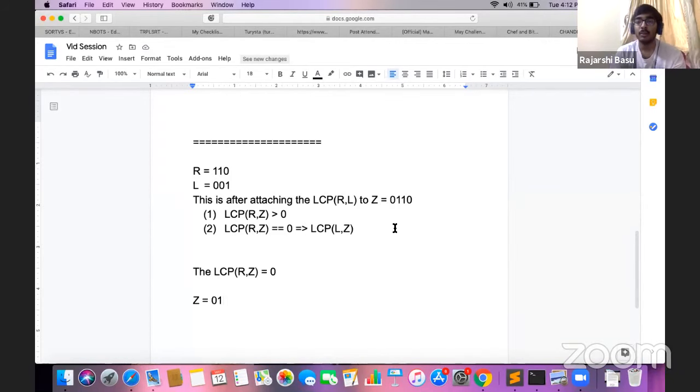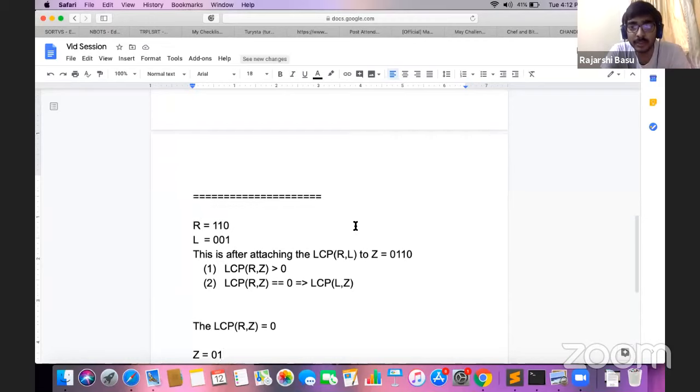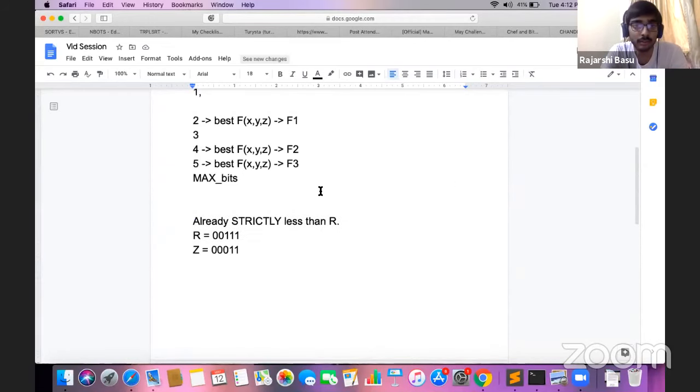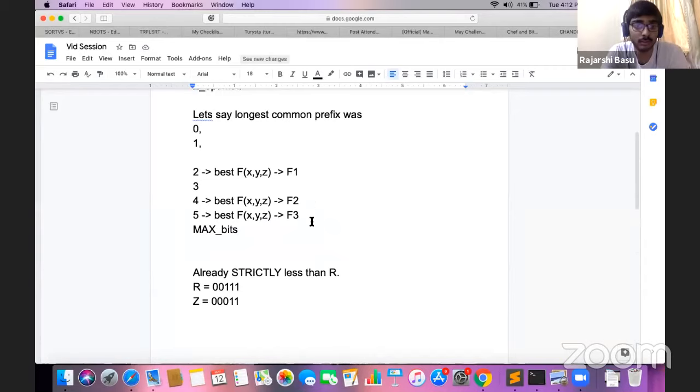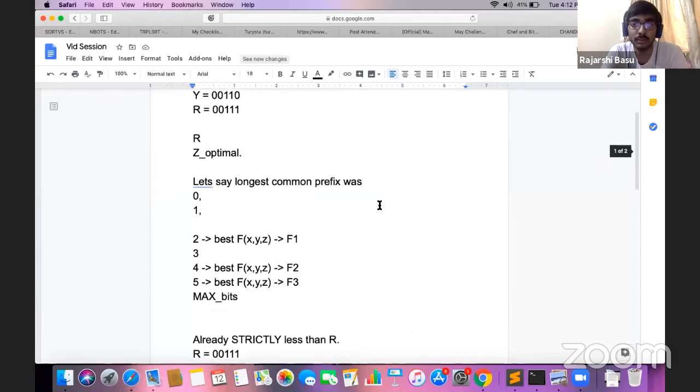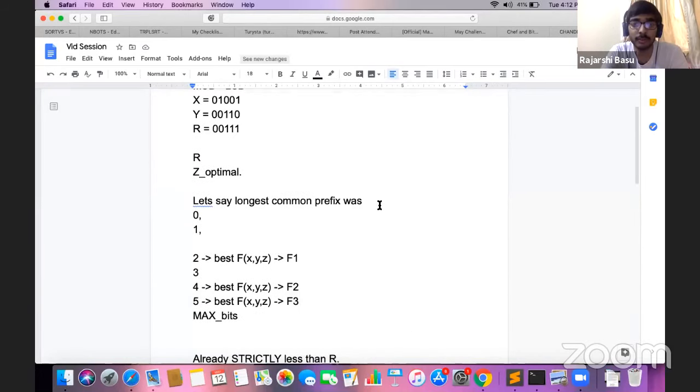For the second task, Z will be 0, 1, 0, 0, 1, 1, 0. Why should it be 0, 0, 0, 1, 1, 0? It has to differ from R at the, if LCP was 3, then it has to differ from R at the 4th place, right?